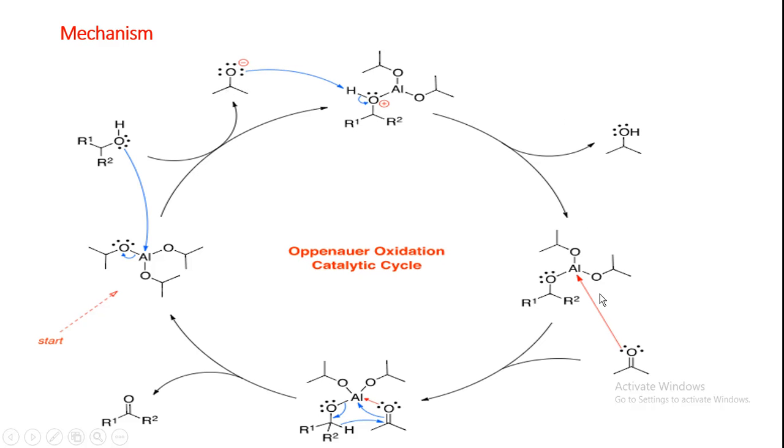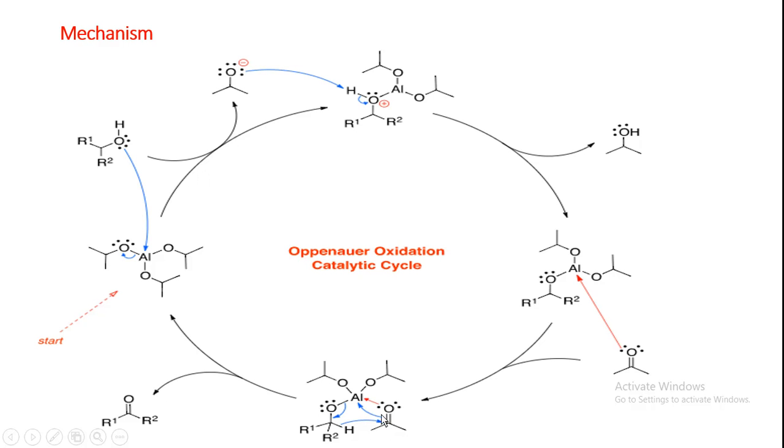In the next step, acetone is coming to attack this aluminum. Here you see the acetone oxygen will attack this aluminum, and this H will come here.